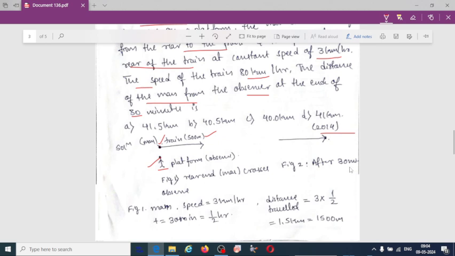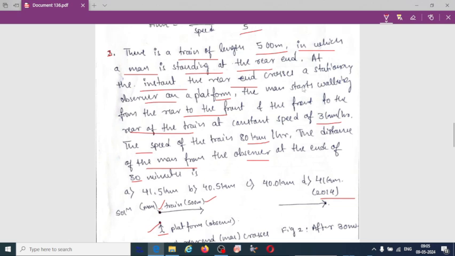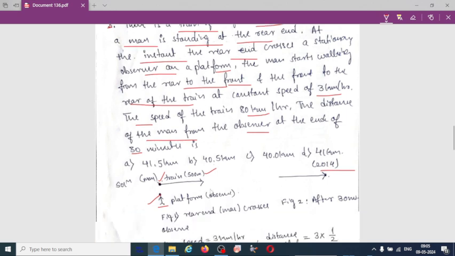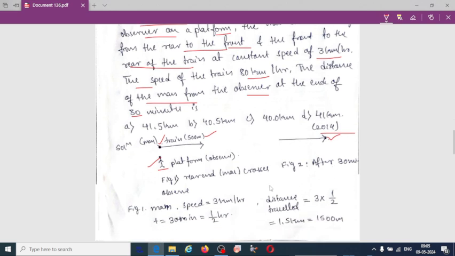So after 30 minutes, we need to find out the distance of the man from the observer. And the man is walking from the rear to the front and the front to the rear of the train. Okay. You can see here the front position of the man in the train.